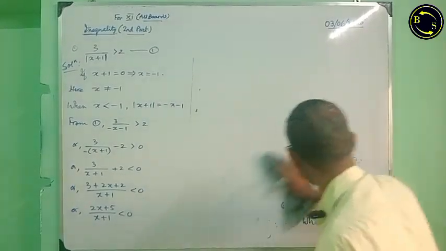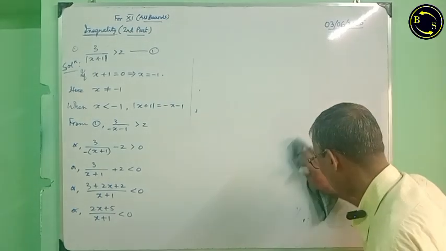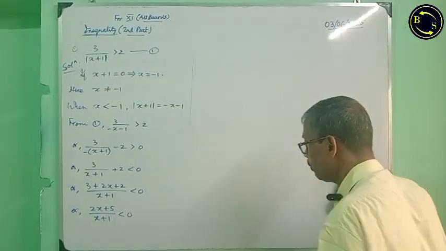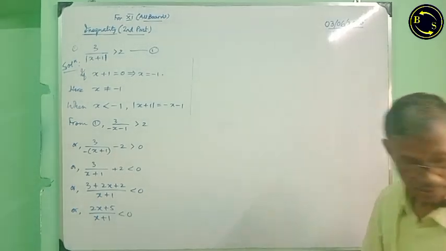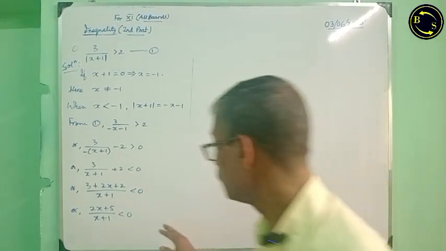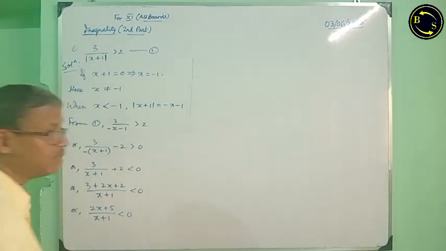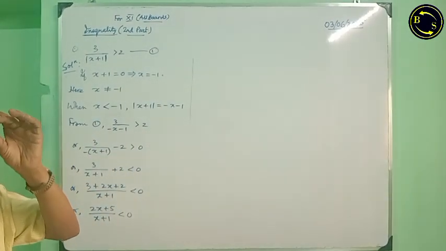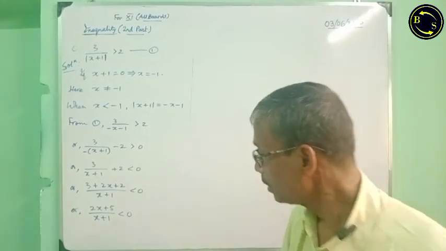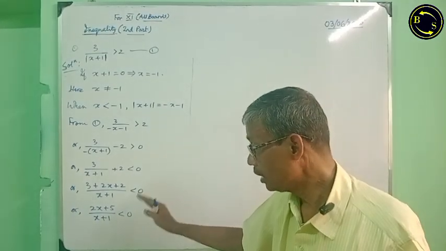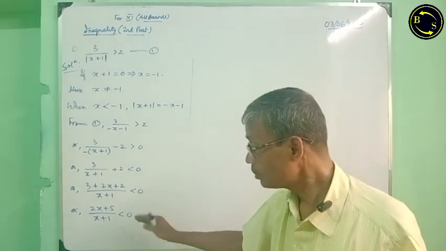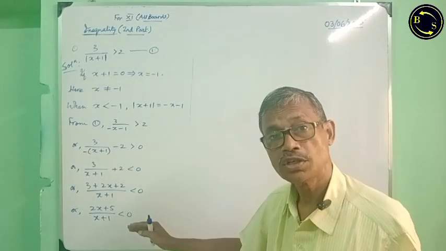Now you see the fraction is negative and both numerator and denominator involve x. Already I have discussed, if the fraction be negative, then there arise two cases. First case numerator positive, denominator negative. Second case numerator negative, denominator positive.